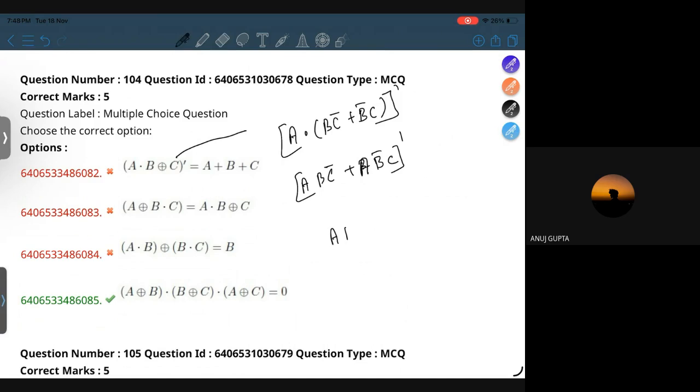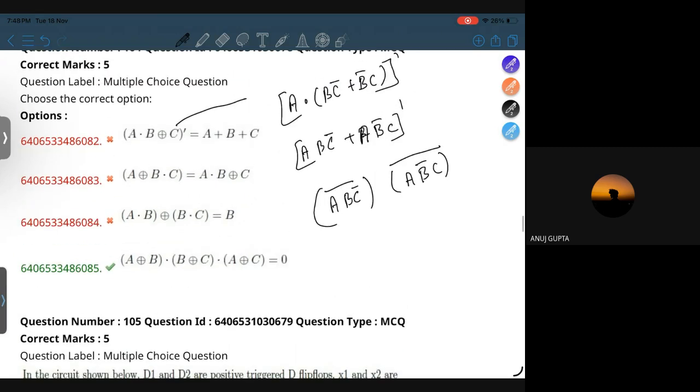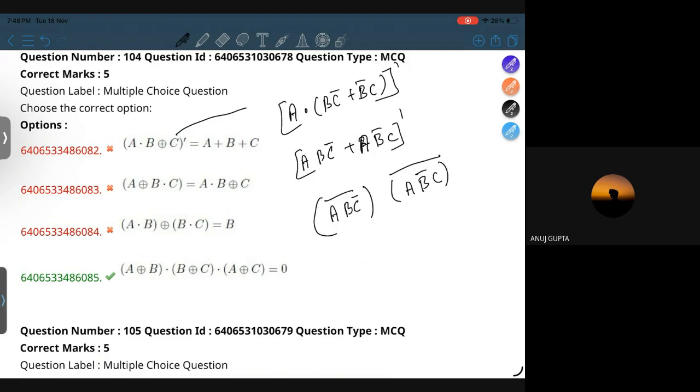That will be (A B C complement) to the whole complement and (A B complement C) to the whole complement. And if we open it, that will be A complement plus B complement plus C, and A B plus C, which is obviously not equal.